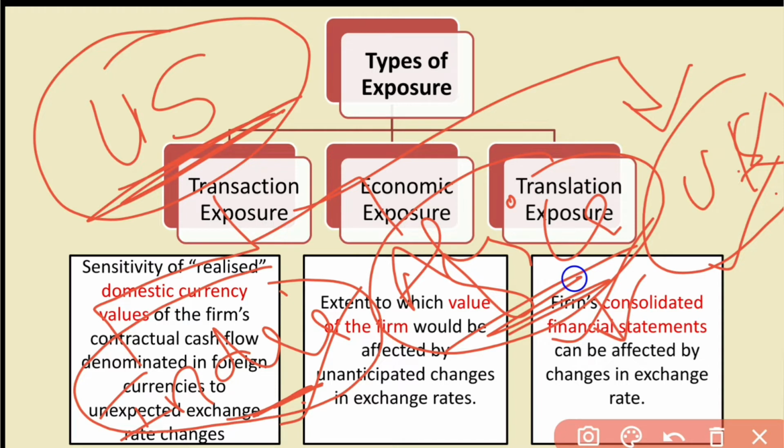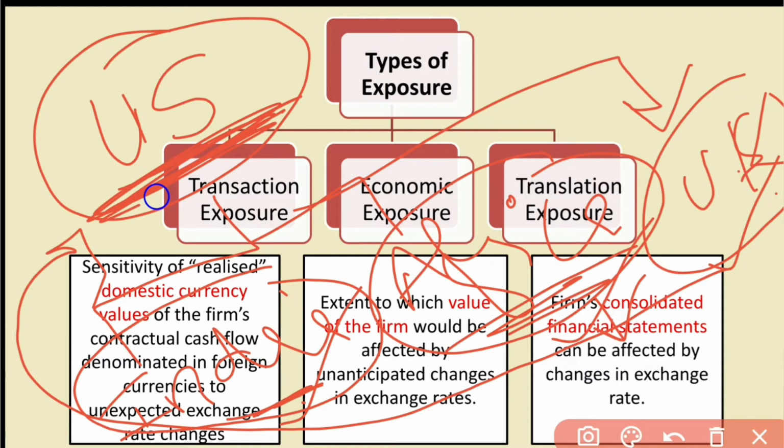So when all the subsidiaries combine the financial statements with the headquarter in the US, these domestic currencies need to be translated to the US dollar, that is the holding company. So this fluctuation in the currencies of the subsidiary and the holding is known as the translation exposure.